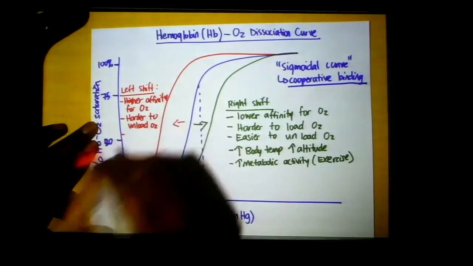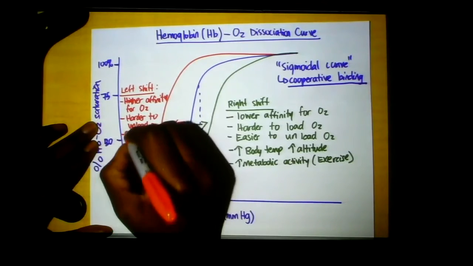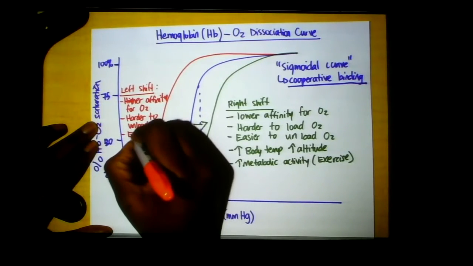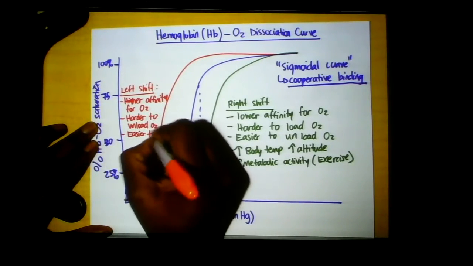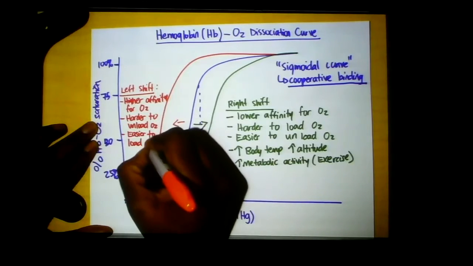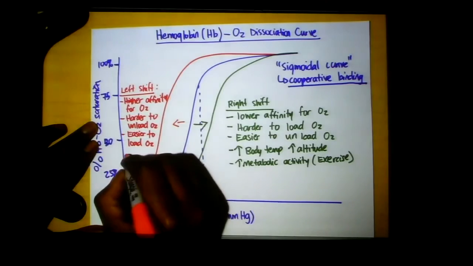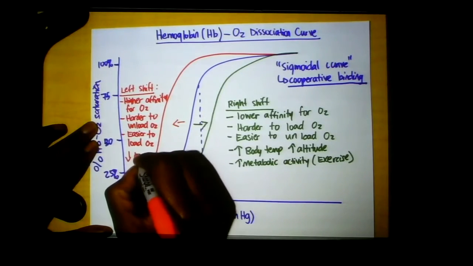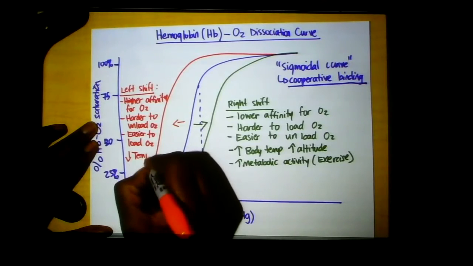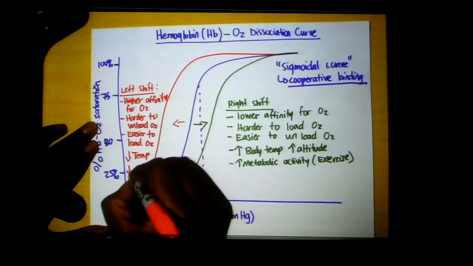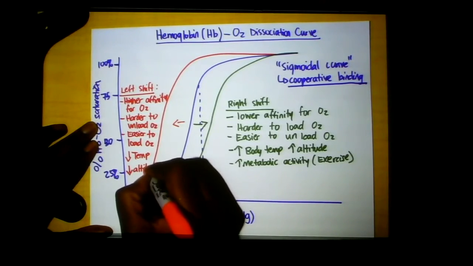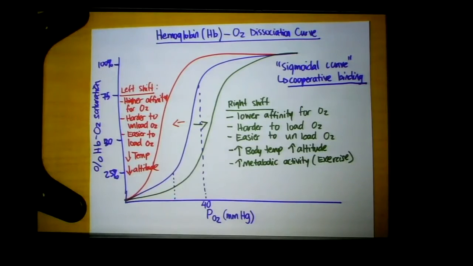And it's going to be easier to load oxygen because of that increased affinity. This happens when we have decreased body temperature or when we have a decrease in altitude. Okay.